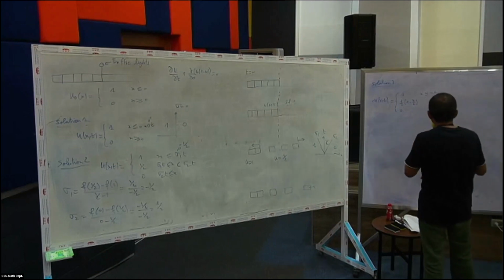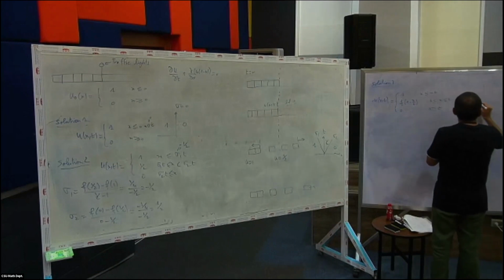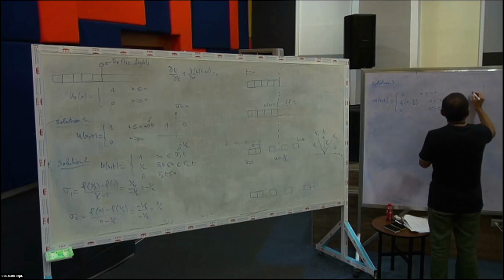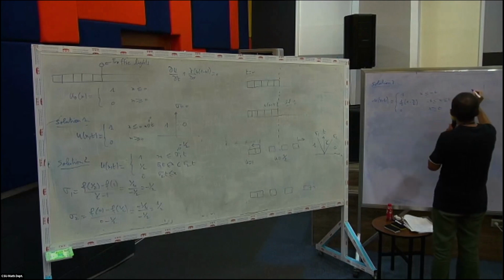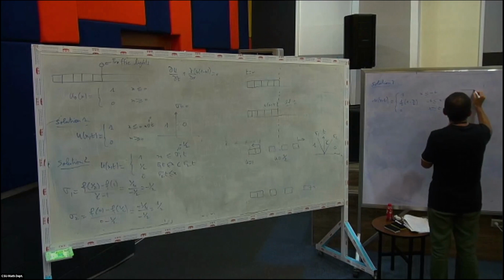So first it was 1, like this, and 0 here, at time t, minus t, and you have this.